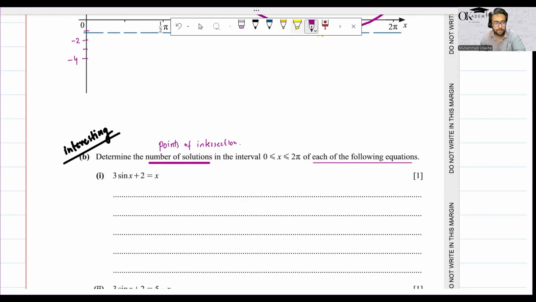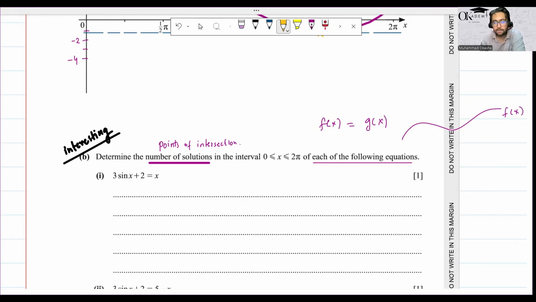We already drew this, right? When we say number of solutions, we normally have one function on one side of the equation and another function on the other side. Let's say this is f of x and the other is g of x.